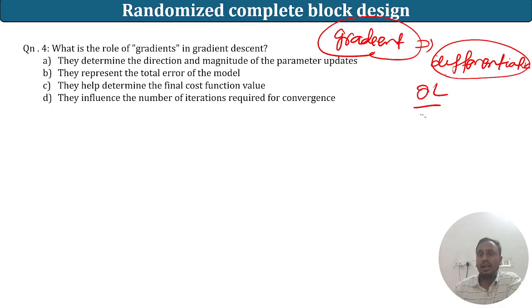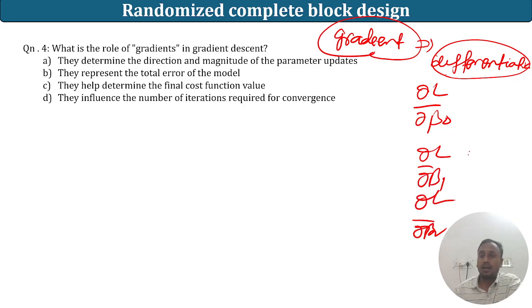It's del L upon del beta, or del L upon del beta 1, or del L upon del beta 2. But what are we doing from that? We are going to determine the direction and magnitude of the parameter updates. Okay, so this is the correct answer.